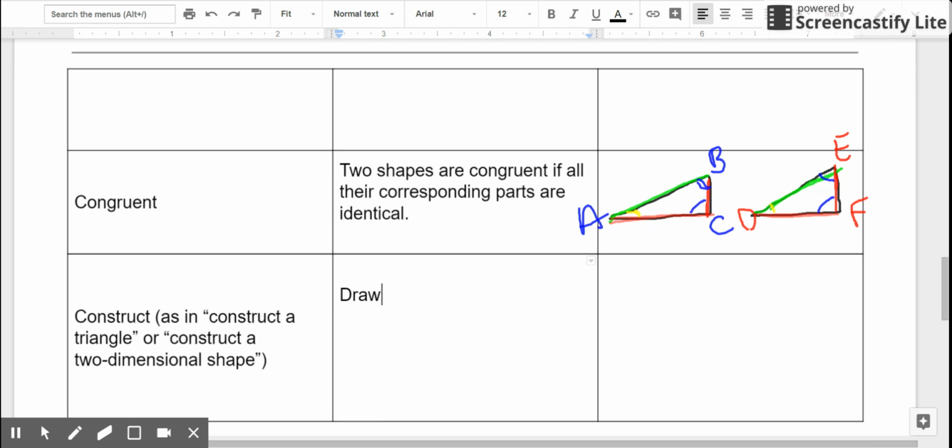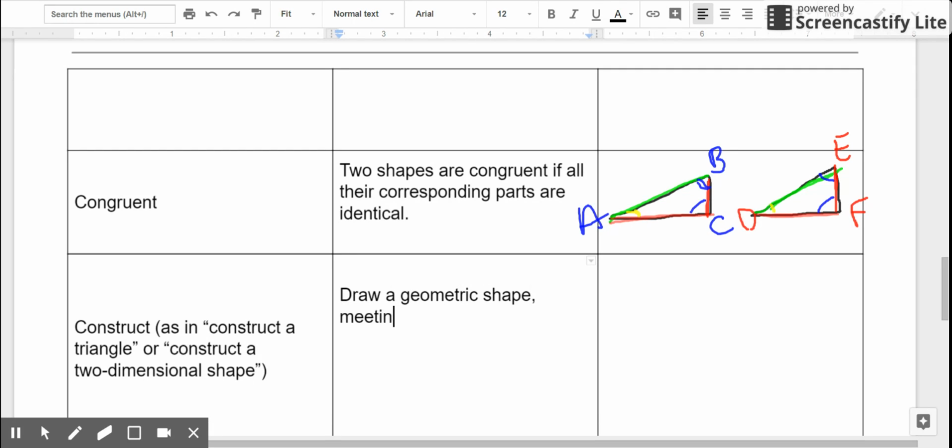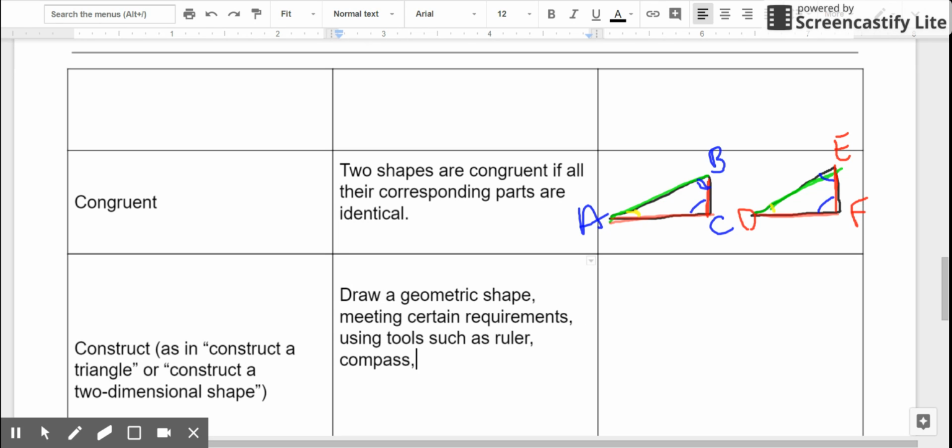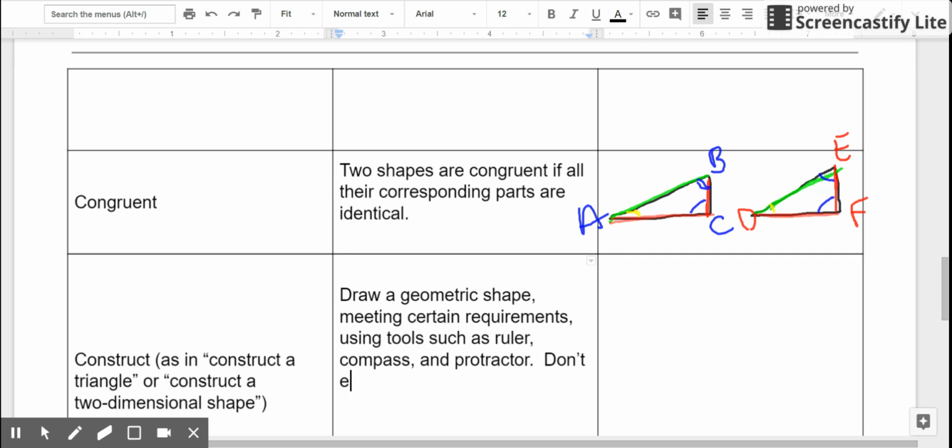So draw a geometric shape meeting certain requirements using tools such as ruler, compass, and protractor. Don't erase any of your work. I'm not going to draw a visual for this because we will be working on this together in class.